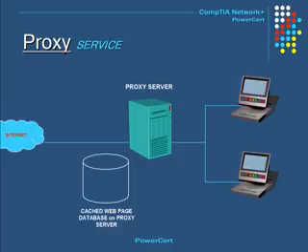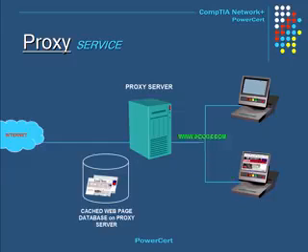So for example, if a company uses a proxy server, whenever a user wants to retrieve a web page, the proxy server will retrieve the web page from the internet on behalf of the user, and then it will store that web page into a centralized cached database. So if another user on a different computer goes to a web page that has been stored in the proxy database, the proxy server does not have to go out on the internet to retrieve the web page.